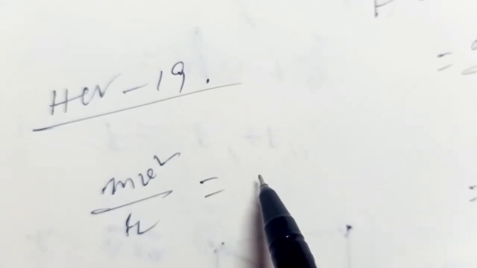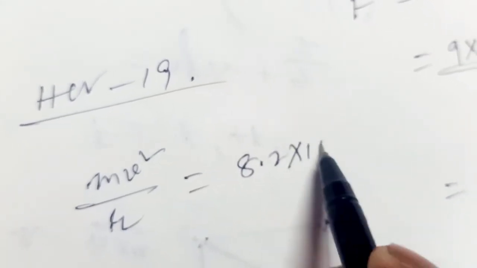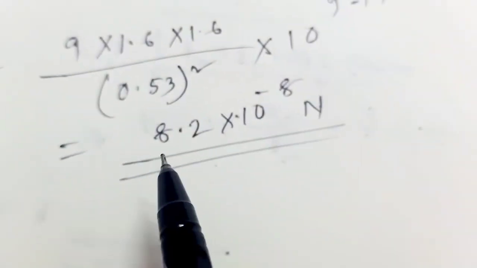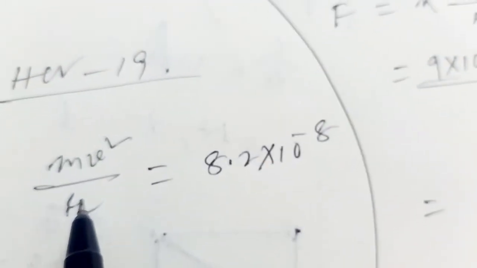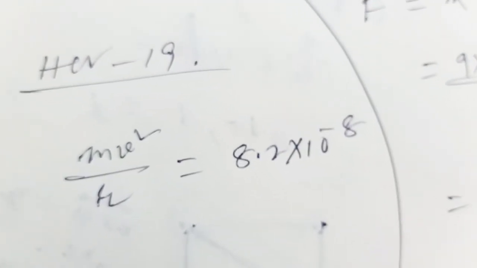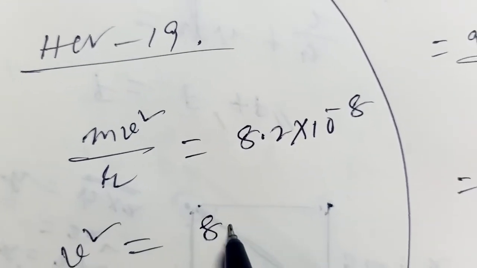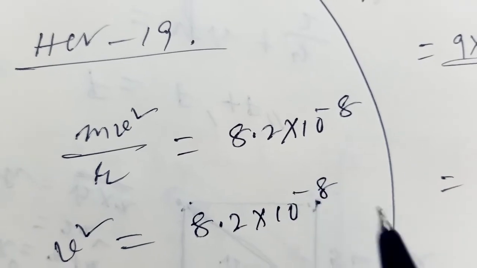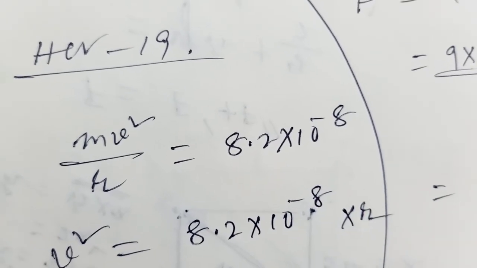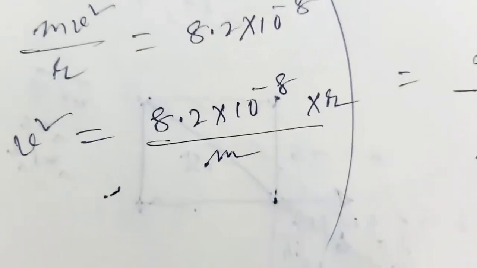So question number 19 is so easy. So mv square by r is equal to the force, that is 8.2 into 10 to the power minus 8 Newton. So here you have to calculate the velocity with which this particle moves. The velocity v square equal to 8.2 into 10 to the power minus 8 into r, r is the radius, divided by m.